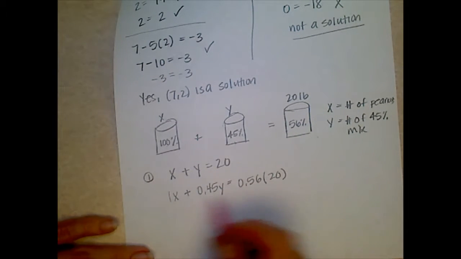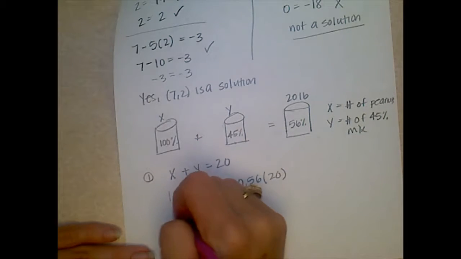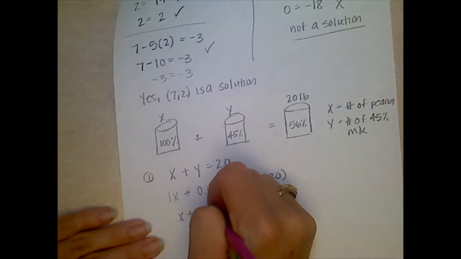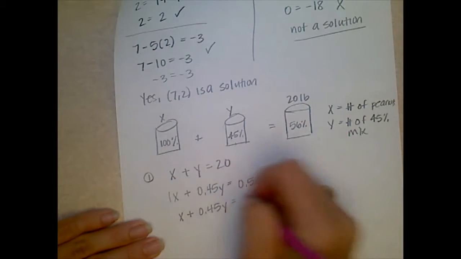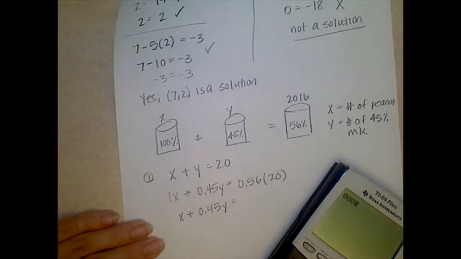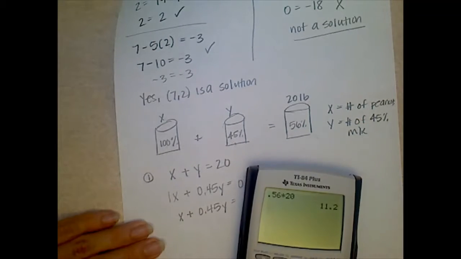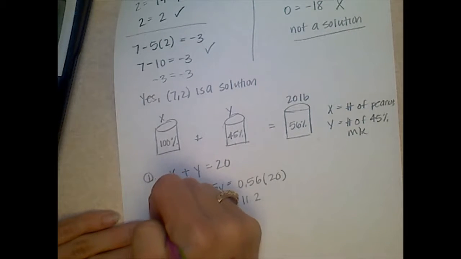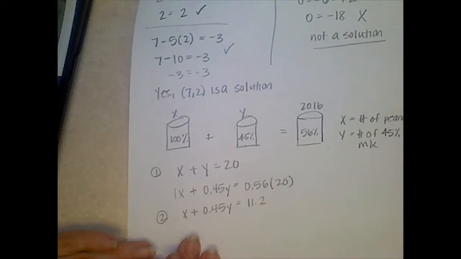Let's simplify that so it's not quite as ugly. 1 times x is just x, plus 0.45y, and I'll use my calculator to do 0.56 times 20. I get 11.2. So that's my second equation in the system.